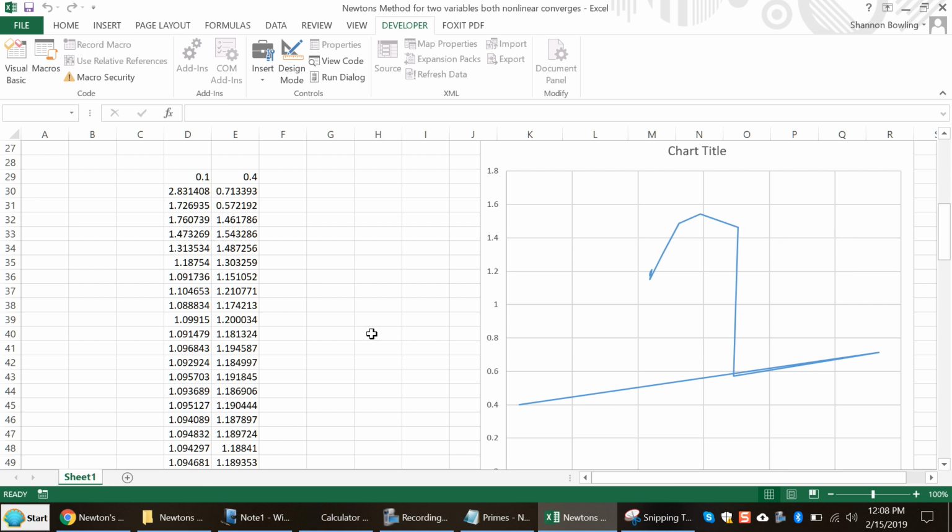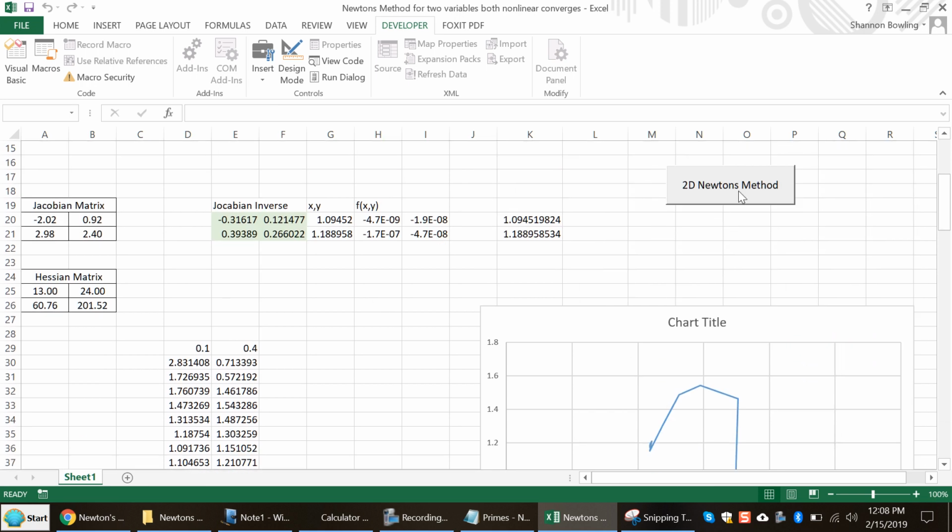But you can actually graphically see how this thing is homing in on the right answer, and it's converging, which is kind of cool, I think. If you had 3 variables, you could draw this in 3-dimensional space and watch it walk around. And this graph will be dependent upon my guesses.